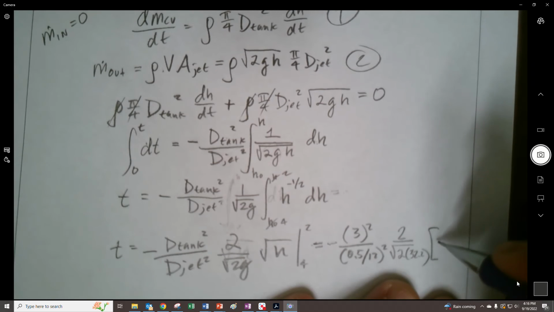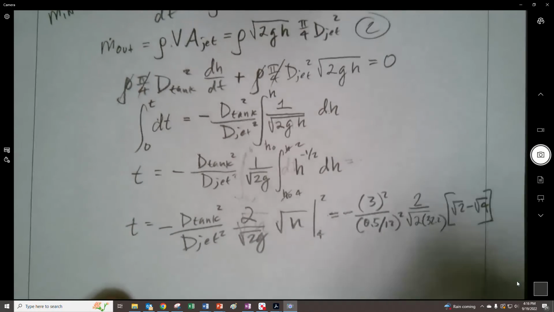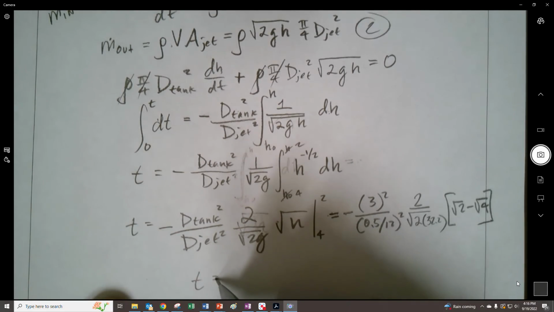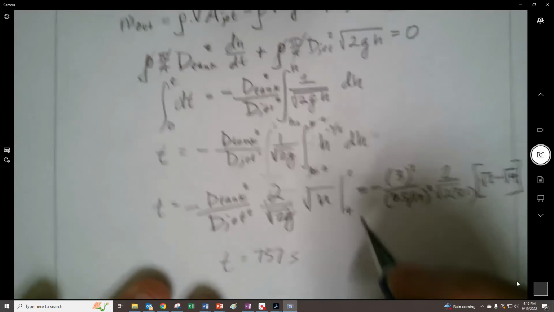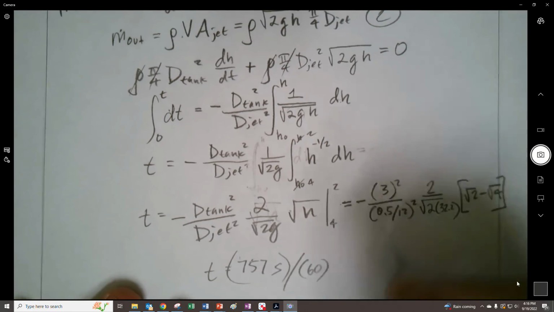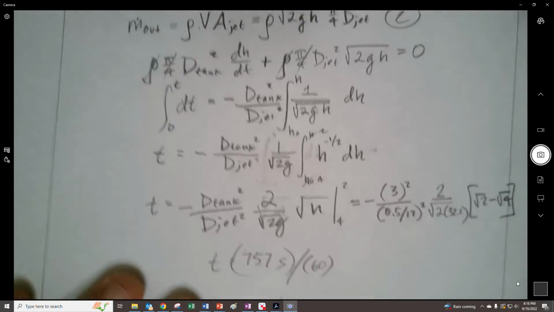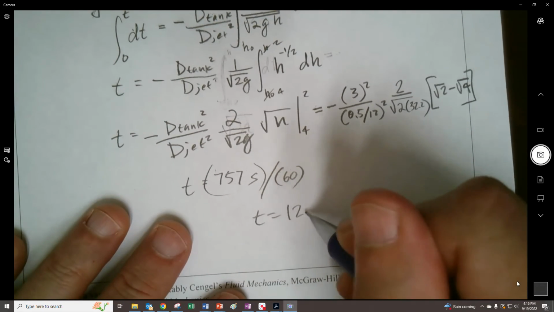We're going to have square root of 2 minus the square root of 4. And with all of that, we're going to need a time of 757 seconds. And we can divide that by 60, and we'll have a time of 12.6 minutes.